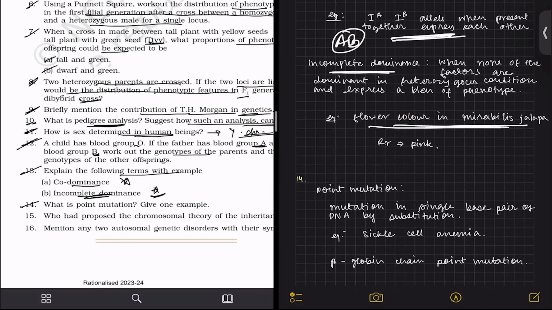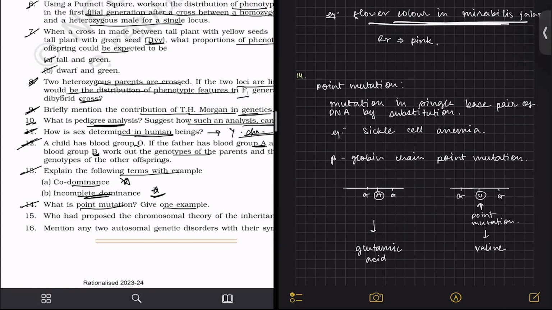And question number 14, what is point mutation? Give one example. I have described point mutation today.